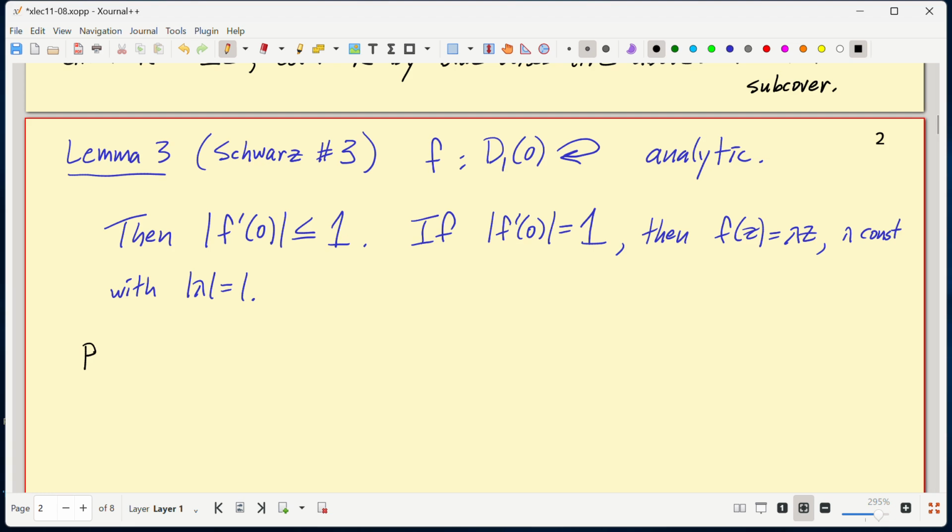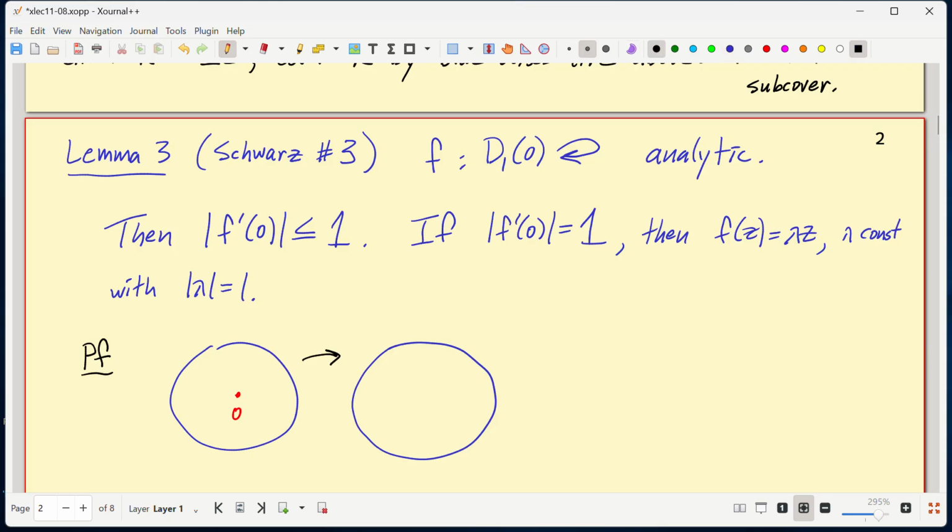So let's see, the picture here is, I'll have an f that's going to map the unit disk into the unit disk. Okay, so that's f. And so here's the unit disk.